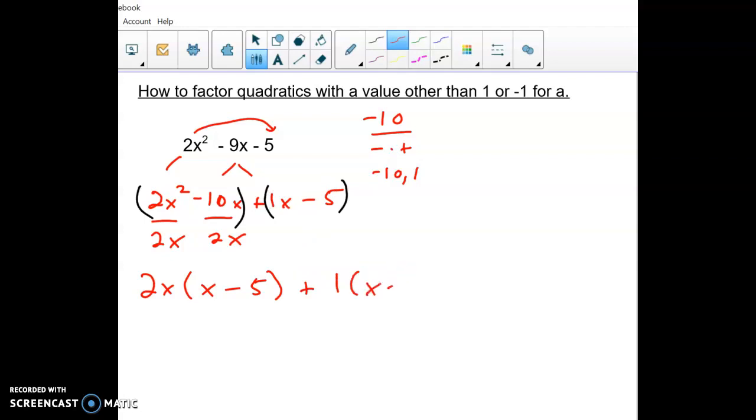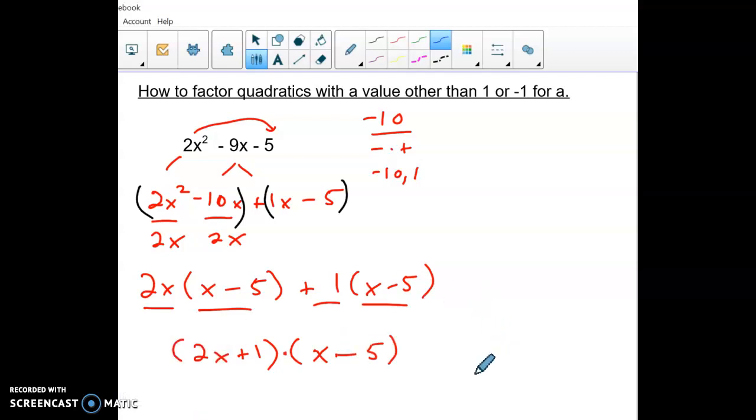Because just pull the 1 to the front. Okay, and if you do this right, these two parts will match. So that's a good sign that they match. And so our two factors are whatever's in front. So 2x plus 1, and then the matching x minus 5. Okay, and that is our answer.